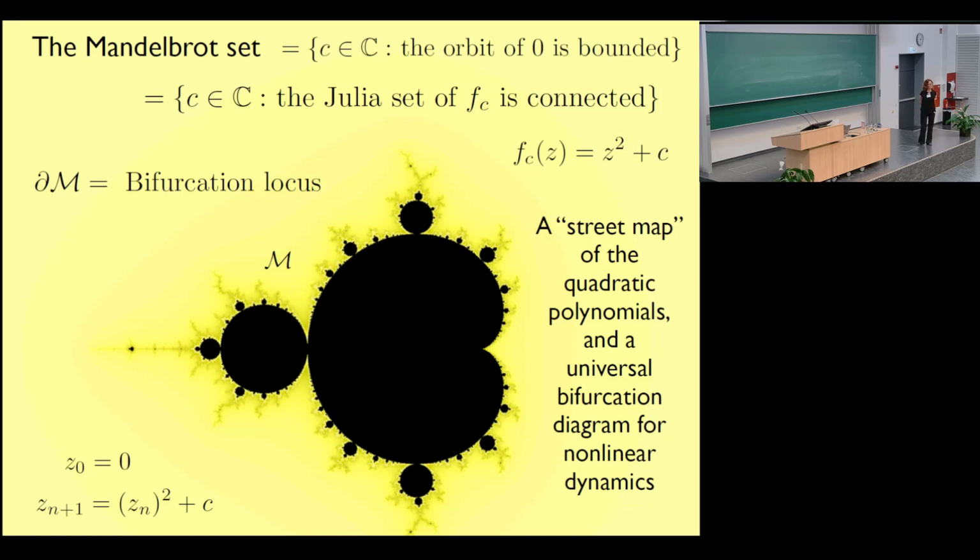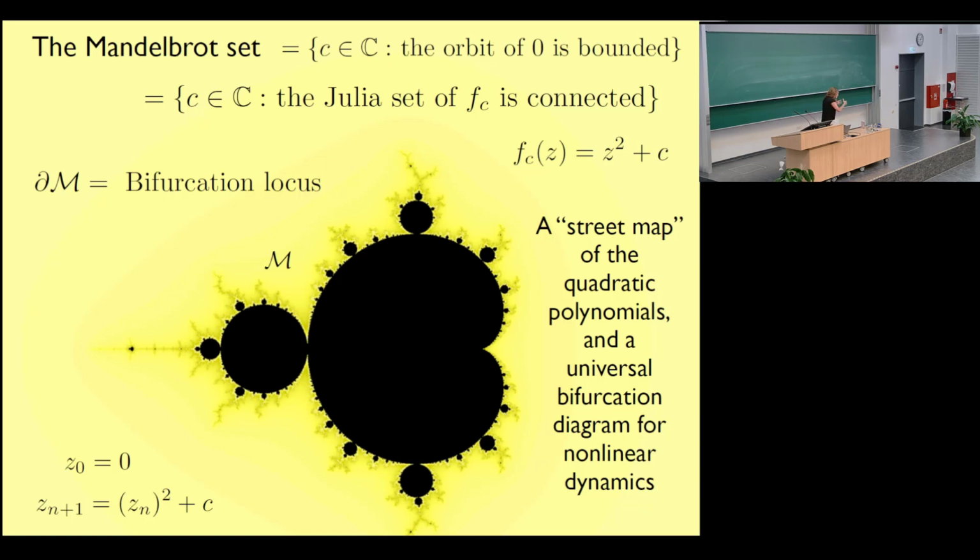So even within the study of this particular family of degree 2 polynomial recursion, so I've written the recursion down here, but really this is studying a family of discrete dynamical systems defined by a particular degree 2 polynomial, z squared plus a constant.